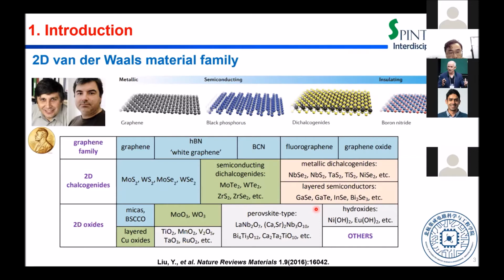It covers metallic materials like graphene, semiconducting materials like black phosphorus, and insulating 2D materials like boron nitride. And among all these materials, there are several very famous and popular types like 2D carbides, 2D oxides, and perovskite type.